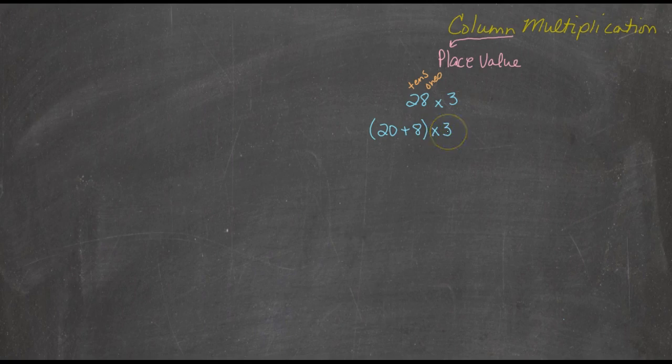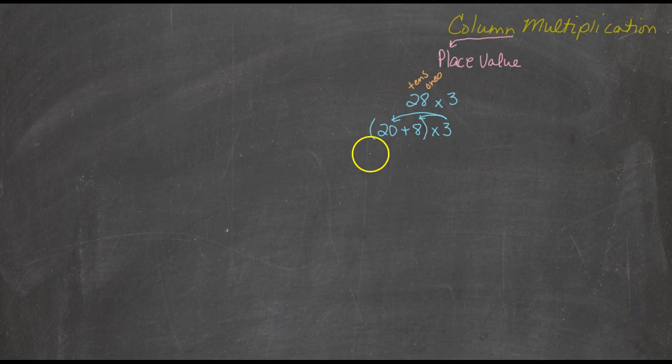If I want to multiply that by 3, that means I have to multiply all the parts. I have to multiply the 20 part of 28 by 3, and I have to multiply the 8 part of 28 by 3. Later, when you're working with other types of numbers, you'll do exactly this process. That's what we'll start learning in pre-algebra.